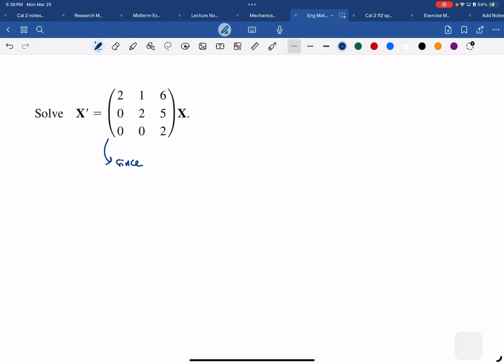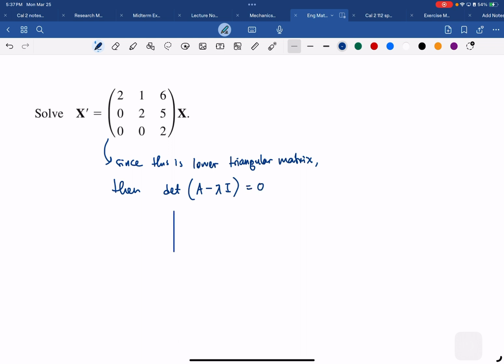Since this is a lower triangular matrix, you can write the determinant of A minus lambda I equals 0.